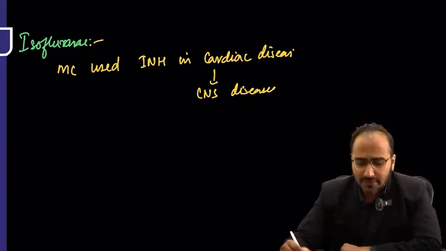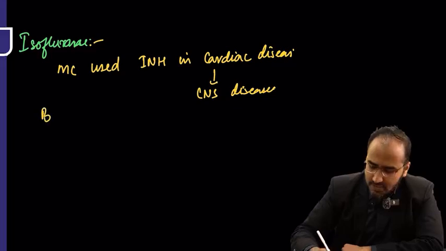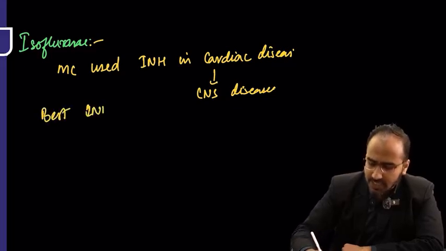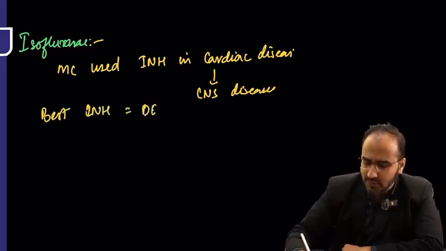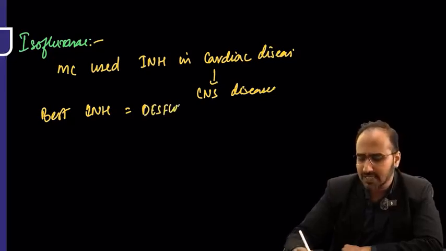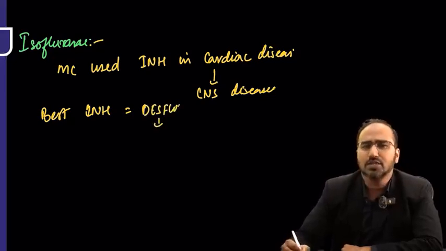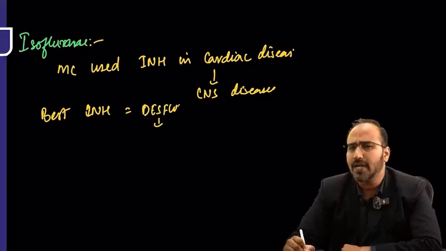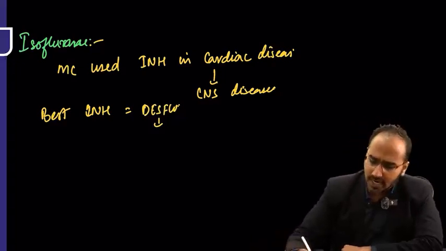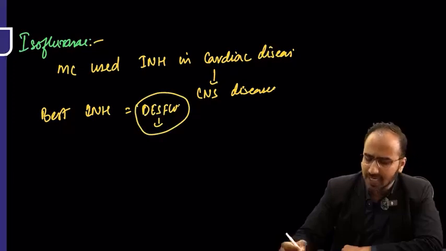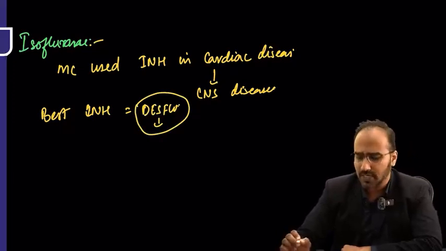Even though iso is not the best one for cardiac patients. The best inhalational agent for cardiac patients is desflurane. But we won't choose it. Why? Because desflurane is usually stored in a vaporizer that is very costly, and it is also an airway irritant. That's why we don't use desflurane.